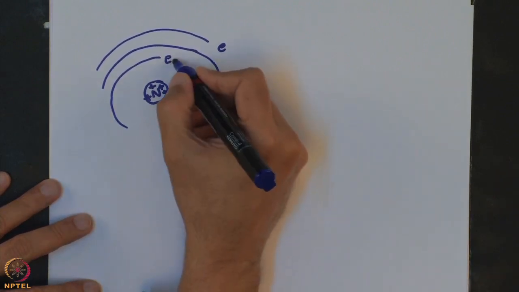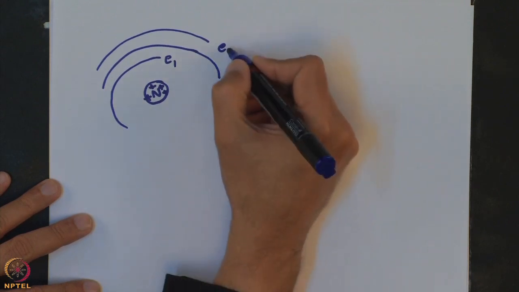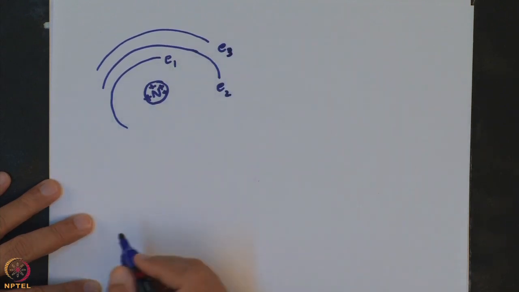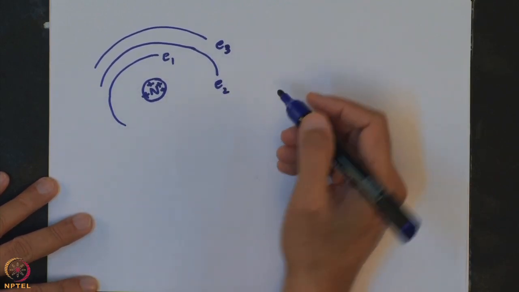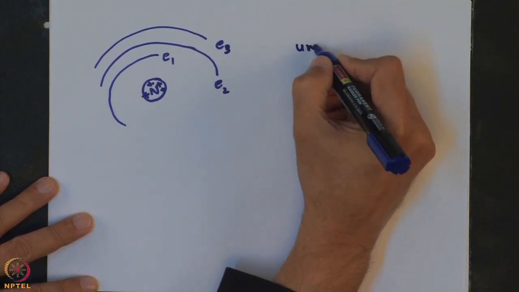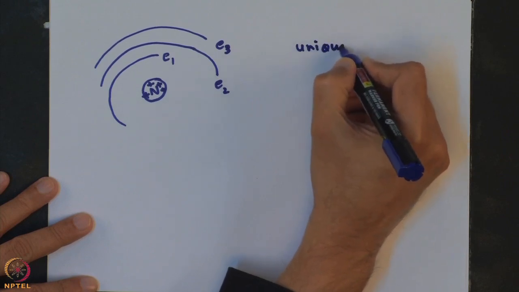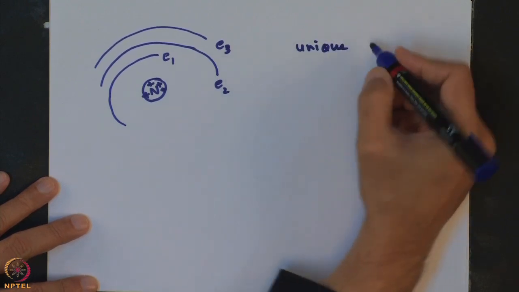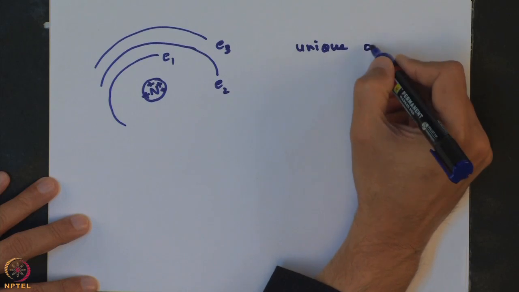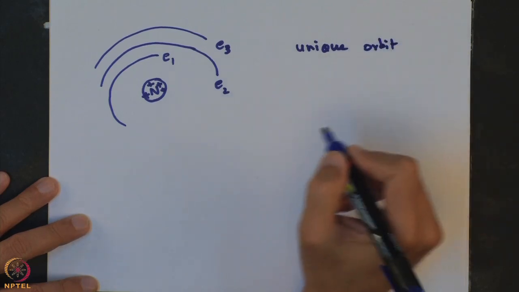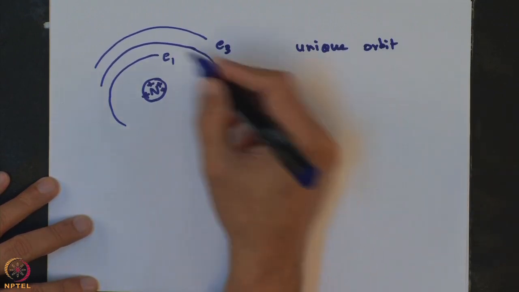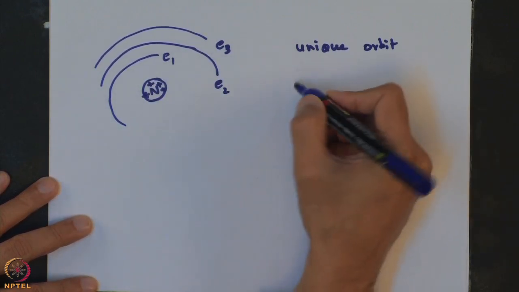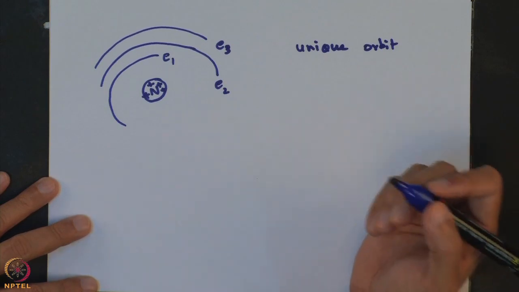And if I just mark these electrons as E1, E2, E3, then I can say that each of these electrons, okay, they occupy a unique orbit, they occupy a unique position, a unique orbit around the nucleus, which uniquely determines the energy of these electrons.